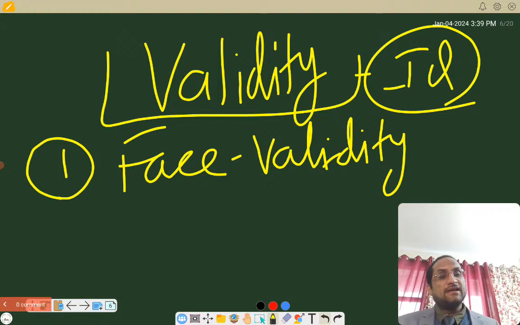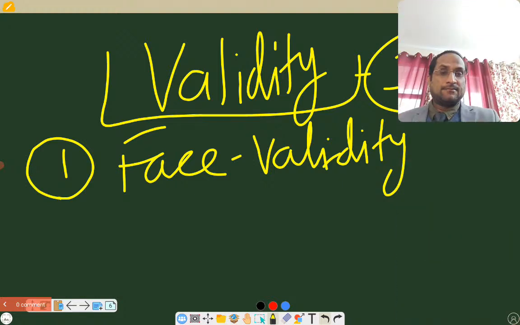What is the meaning of face validity? The appearance of the test should be such that it gives us a perception, an impression that it will end up testing intelligence.